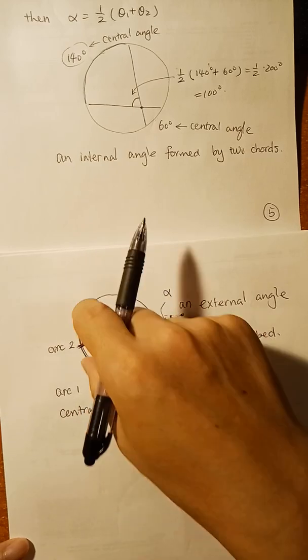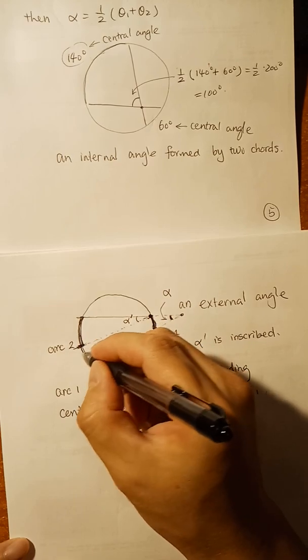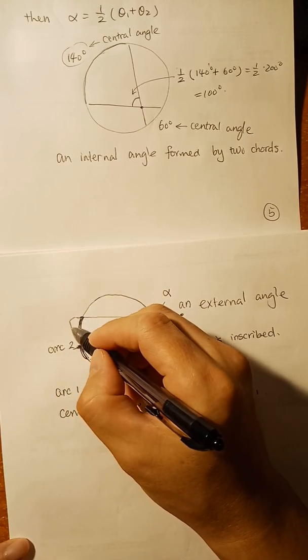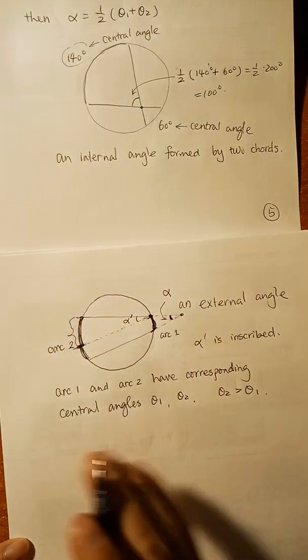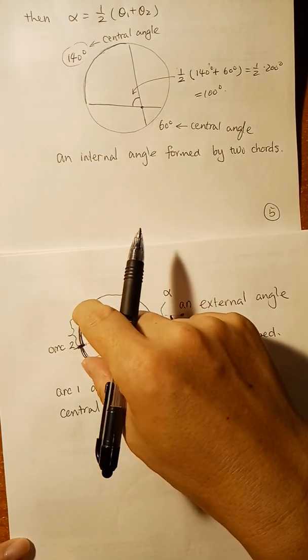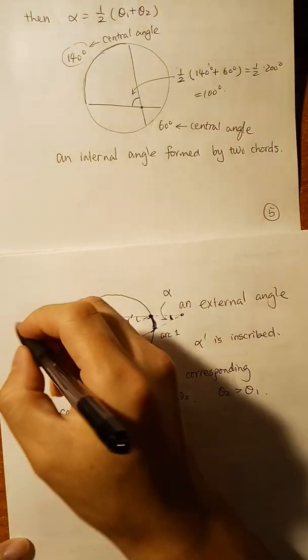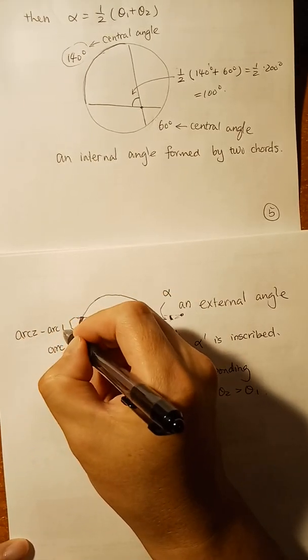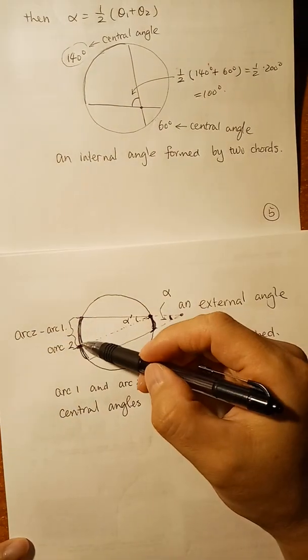This is not arc 2. Here, this part is equal to arc 1. So this piece is arc 2 minus arc 1. On top, this part is arc 2.